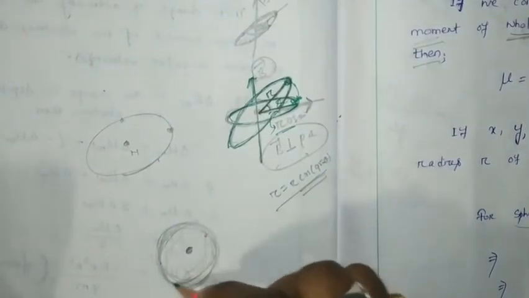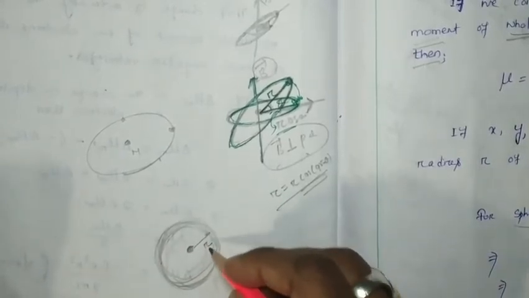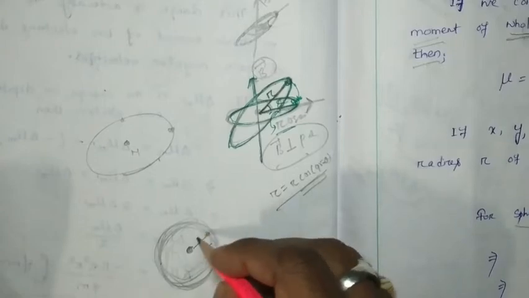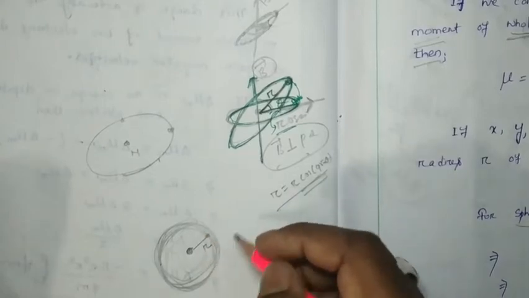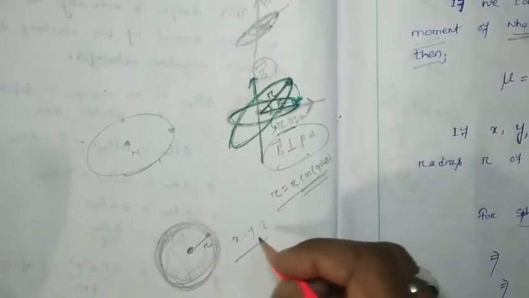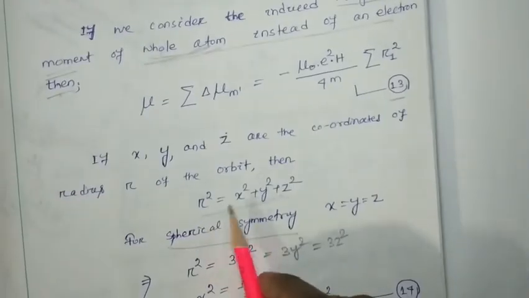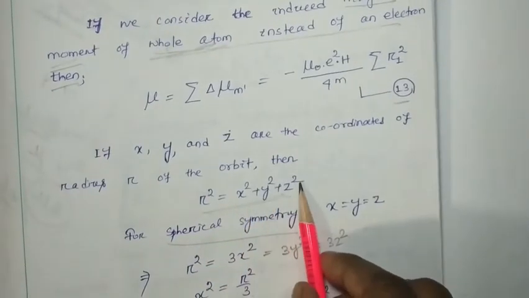So it is one type of sphere. If this radius is r and its coordinates are x, y, z, then the equation of the sphere can be written as r square equal to x square plus y square plus z square, right?